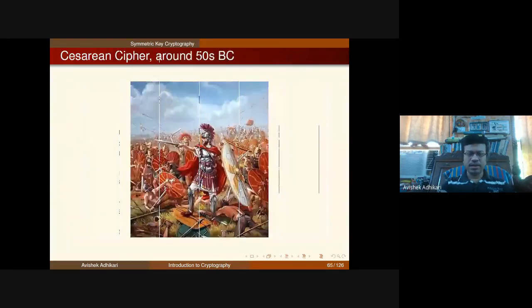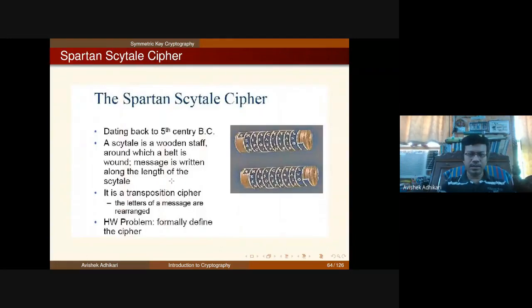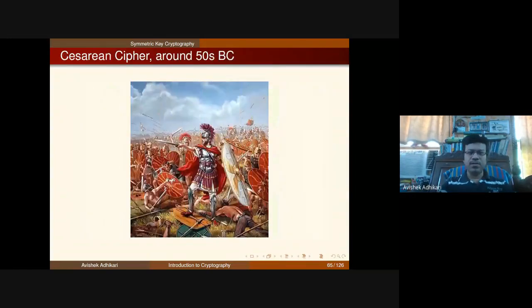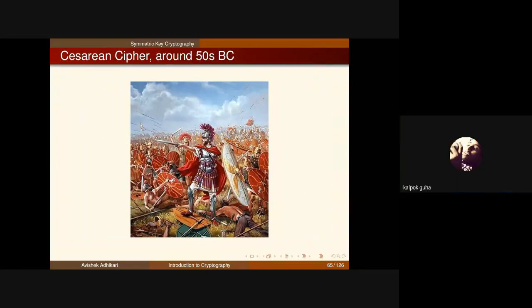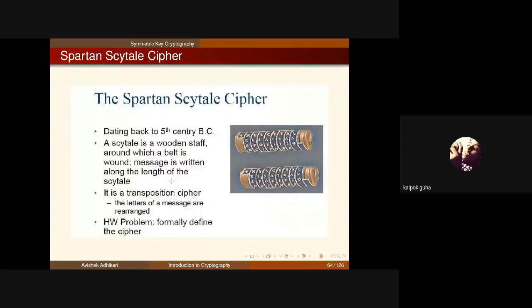Okay, I asked you how to do attacks. Any guess that you can find this? How to attack this? Maybe in the exam I may put a question like this. Then, for the Spartan Scytale Cipher, to decipher it, we must know how many alphabets can be accommodated in a single row.